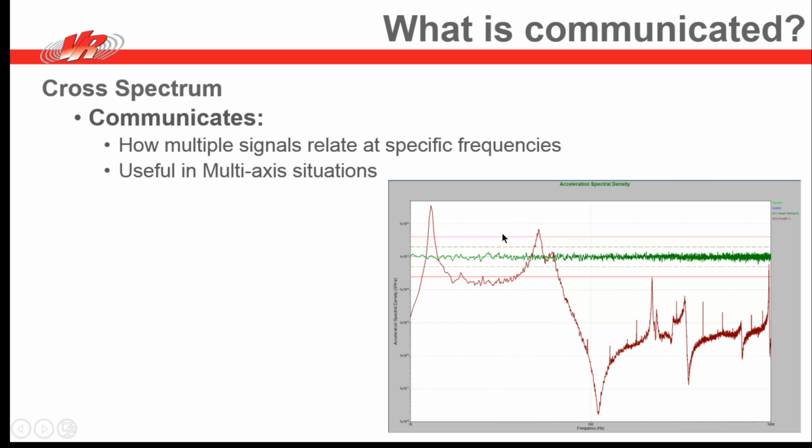And this is very informative. It tells the test engineer that in this particular test, at certain frequencies, another axis is being excited than the one we were intending to excite.